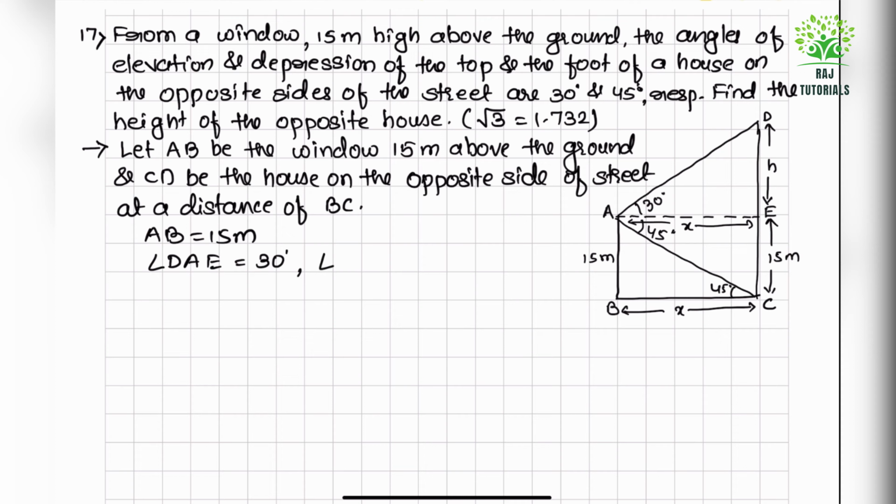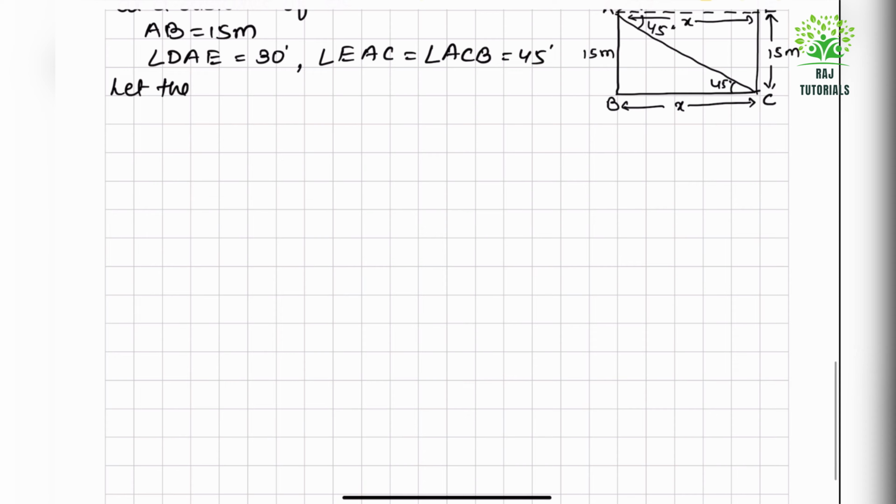So I am given AB equal to 15 meter, angle DAE equal to 30 degree, angle EAC equal to angle ACB equal to 45 degree.